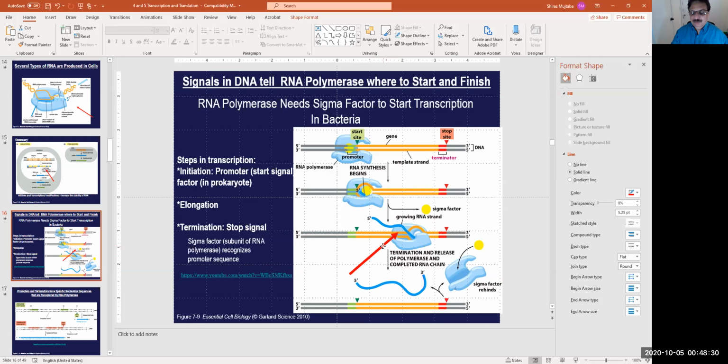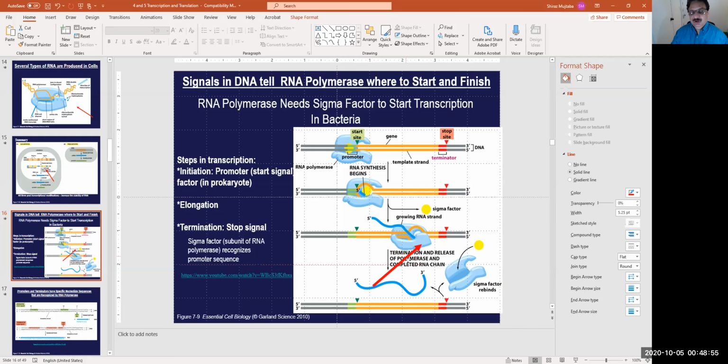And then after the RNA is made, right? Unlike DNA, where the replication has to be 100%, transcription is restricted, because only that part of the DNA will transcribe which codes for tRNA, rRNA, mRNA, miRNA, or any other RNA which has a function.